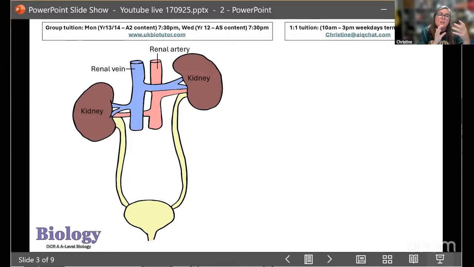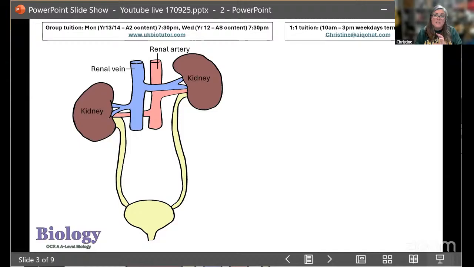So if you think about module 3, and you think about your different blood vessels, we have a closed circulatory system. So therefore, our blood is contained within our blood vessels. Our arteries are going to be taking blood into our organs, and our veins are going to be taking blood away from our organs.